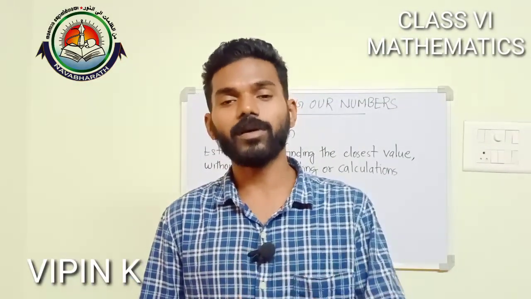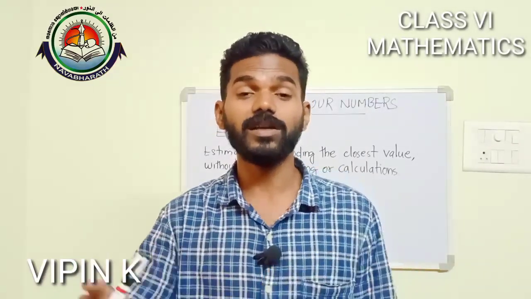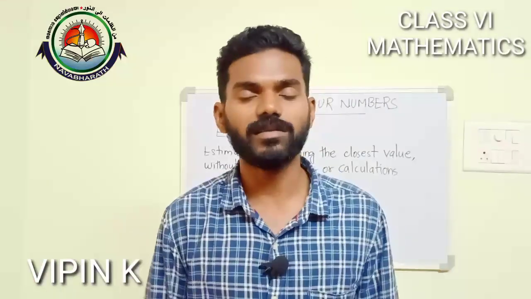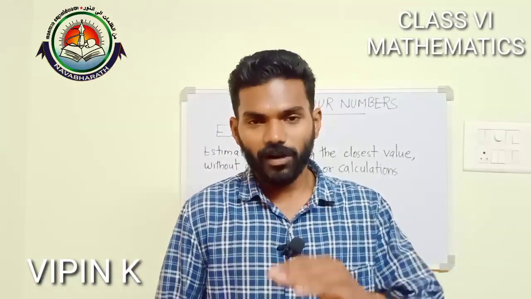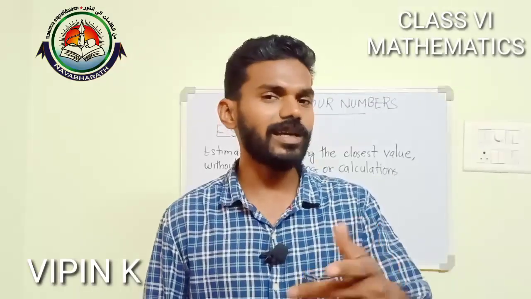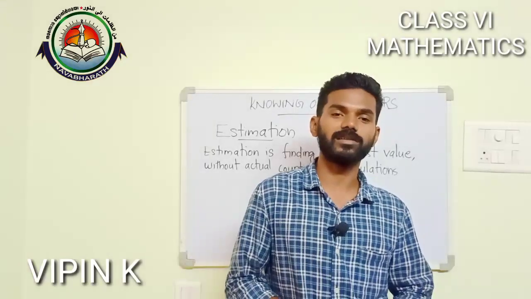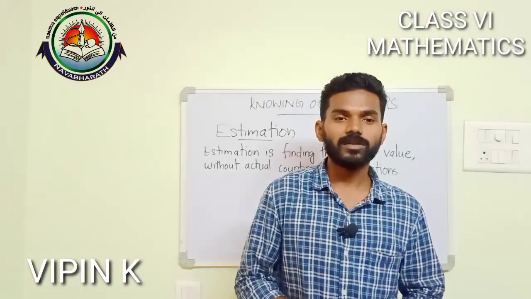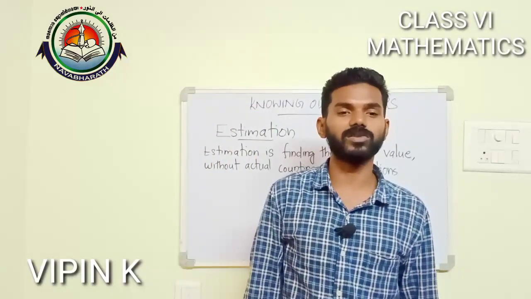So some difficult questions from your homework will also be discussed in the coming class. Okay, and after that, in the second week of July, you will have an examination. Clear? Related to this first chapter, Knowing Our Numbers.